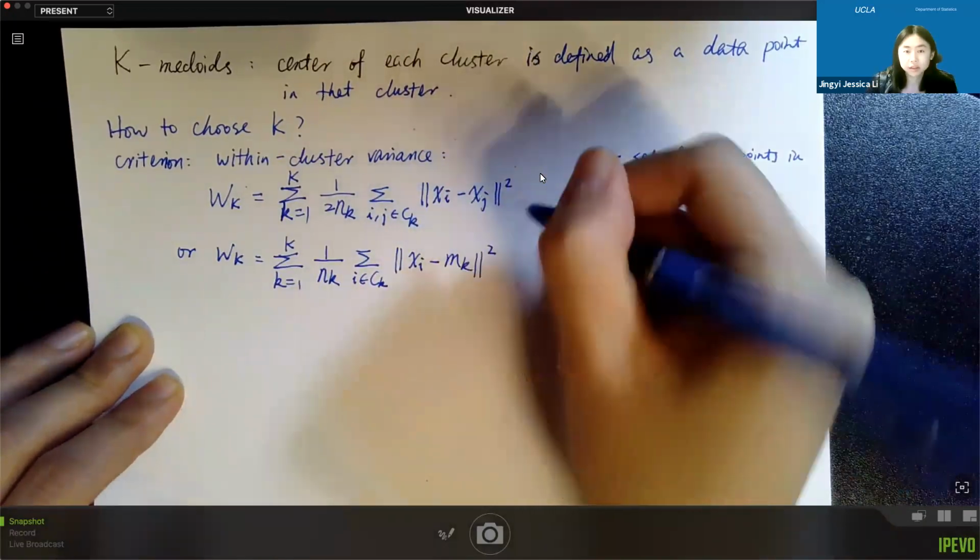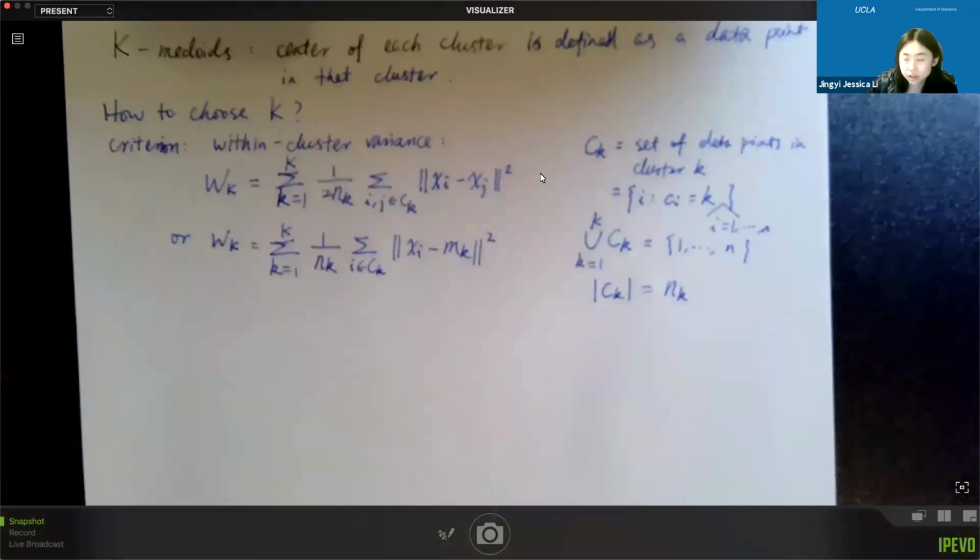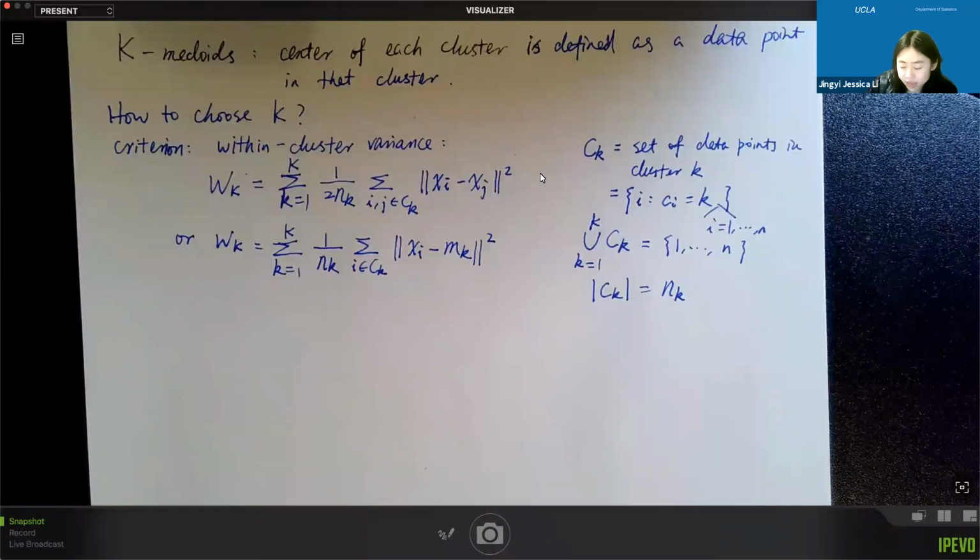Both are actually used in books, and we can use this to mean, on average, how large the variance of each cluster is, or how noisy the data points are within each cluster. So this is measuring that.